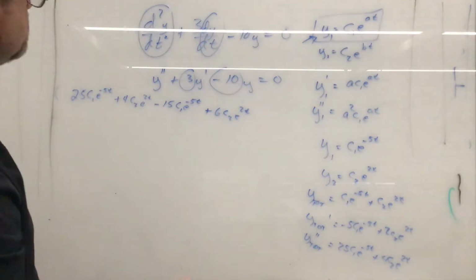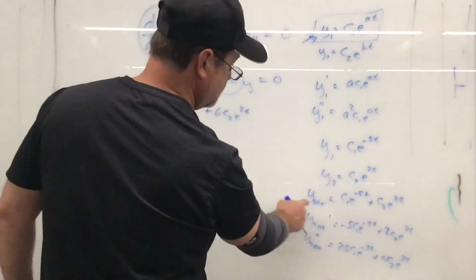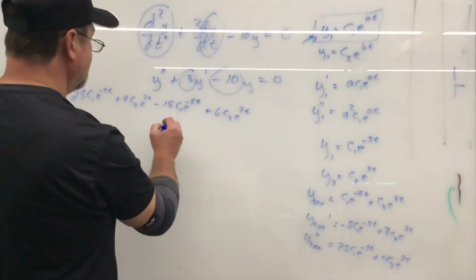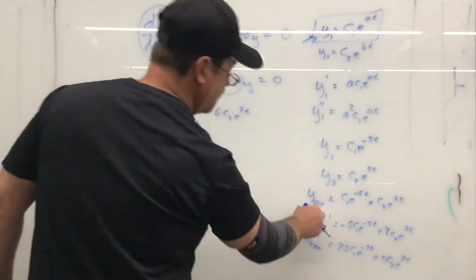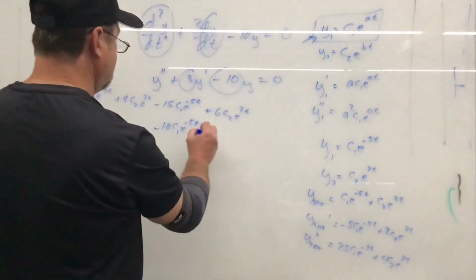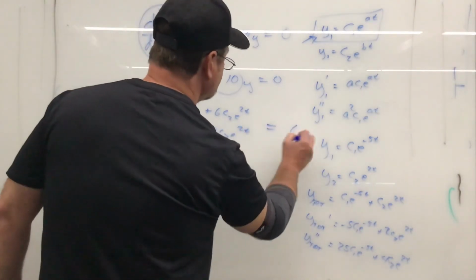Of course, I'm running out of space, and I knew that I would. It's very limited board space here. Minus 10 times y, and we said y is this whole thing. So I get minus 10 c1 e to the minus 5t, and minus 10 c2 e to the 2t. And all of that is supposed to equal 0.